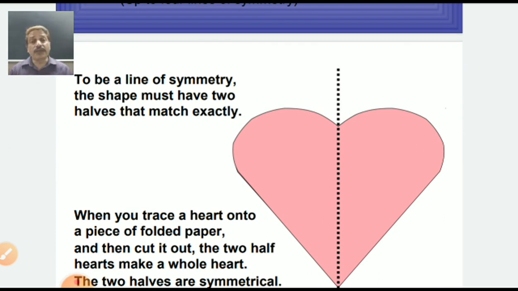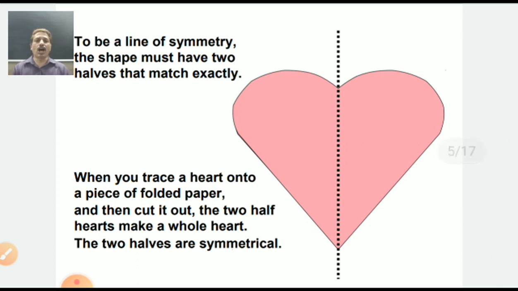Sometimes you are crafting some design. Yes, you already did this in a lower standard. When you fold a paper, and then cut only some design, and when you reopen it, you have a number of the same design. When you trace a heart onto a piece of folded paper, fold it in 2 parts, 4 parts, 3 parts, whatever you want, and then cut it out.